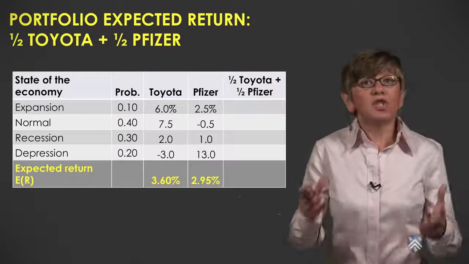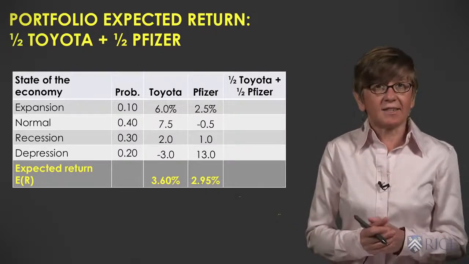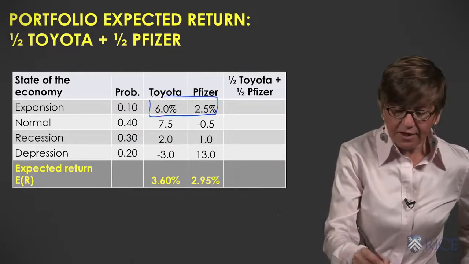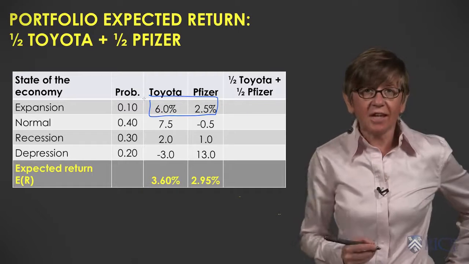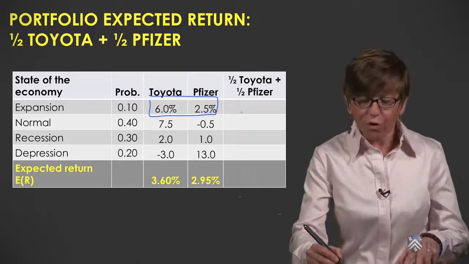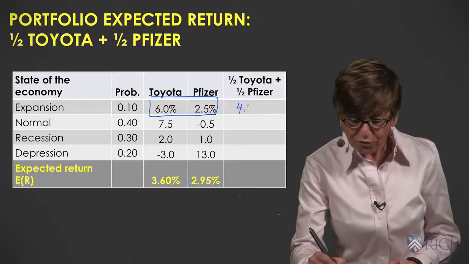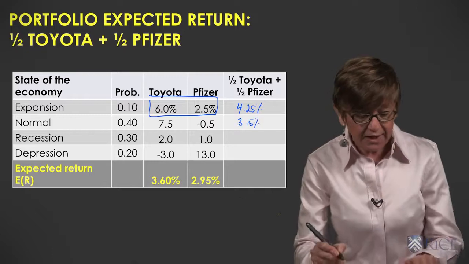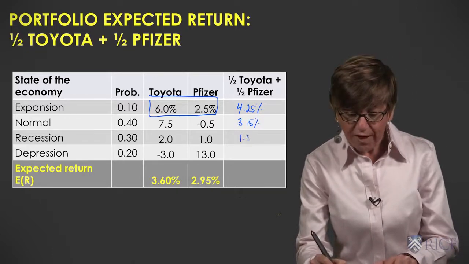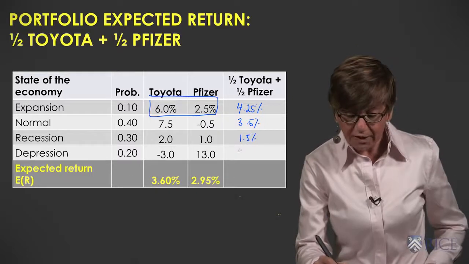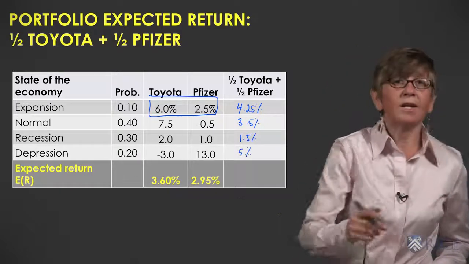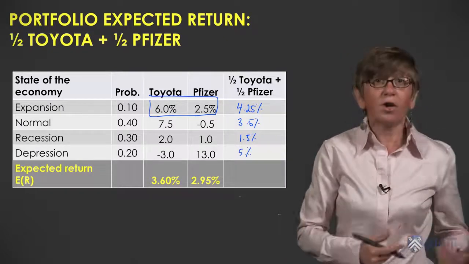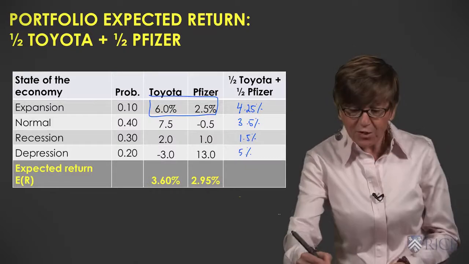Since Toyota and Pfizer are equally weighted in this example, we can just take the average of these two possible returns in each state. So in an expansion, the portfolio return would be 4.25%. In normal times, it would be 3.5%. In a recession, it would be 1.5%. And in depression, it would be 5%. And now we can find the expected return, just as we did before, as the probability weighted average of these possible outcomes.